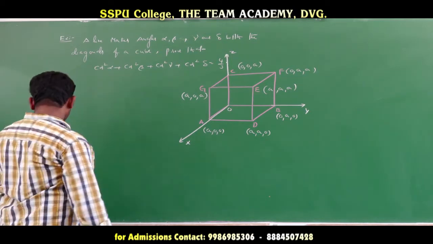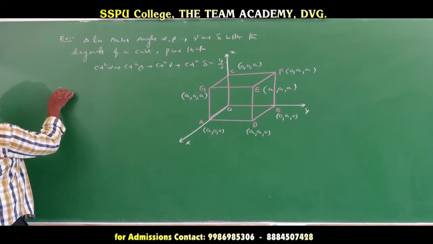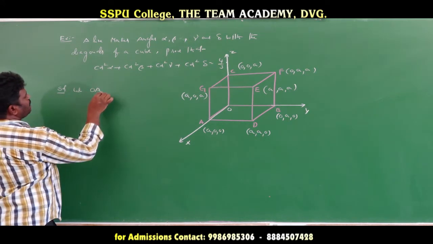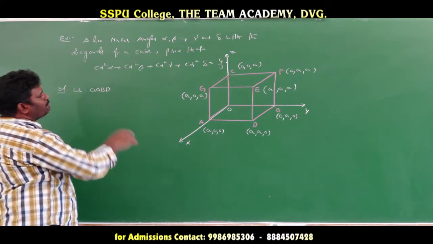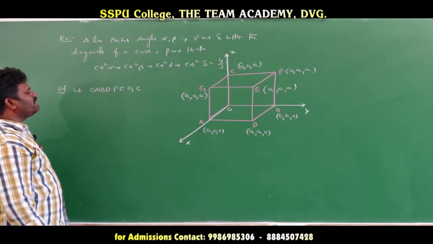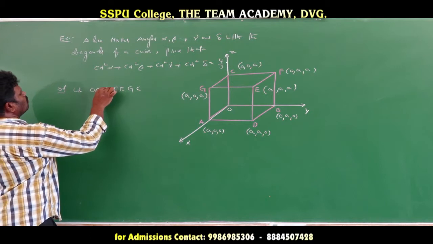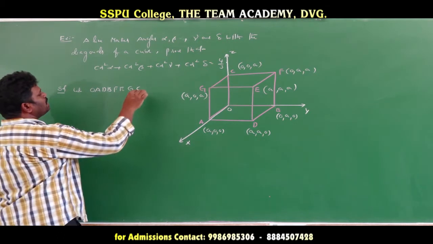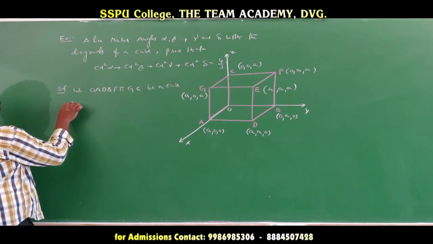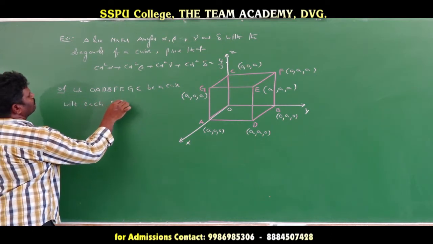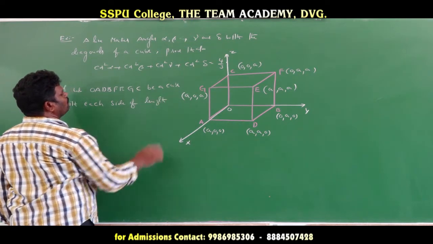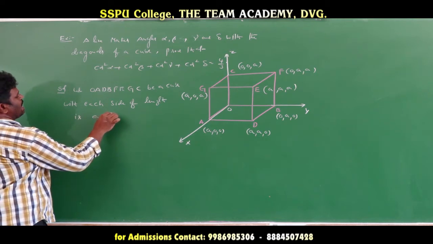Here, each side length we consider to be a units. See, first we take the letters O, A, B, D, and F, E, G, C. OA, DB, EFGC form a cube with each side of length a units.